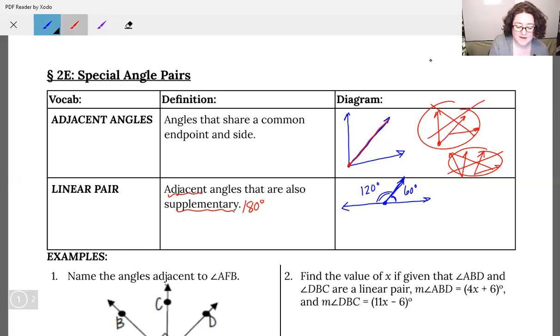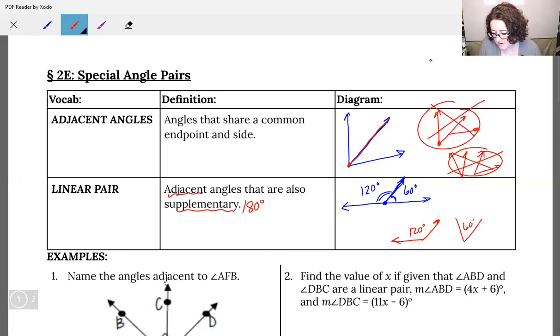So for a non-example, I could have a 120 degree angle here and a 60 degree angle here. These angles are still supplementary, but because they aren't adjacent, because they don't share a side and an endpoint, they are not a linear pair.